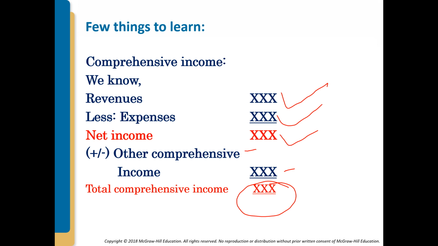So total comprehensive income is equal to net income plus other comprehensive income. Okay, OCI, other comprehensive income. We will discuss the other comprehensive income later.